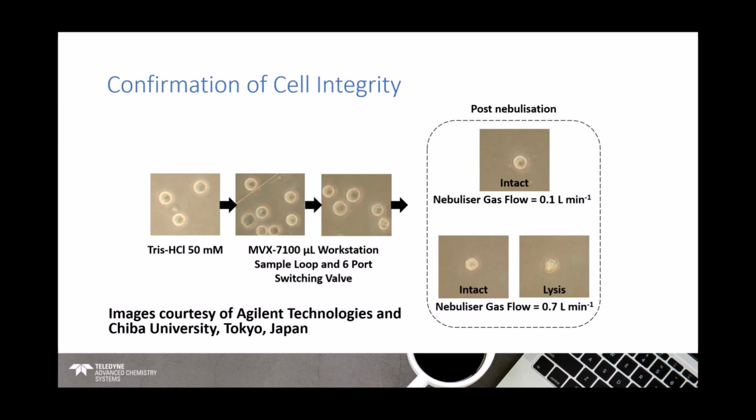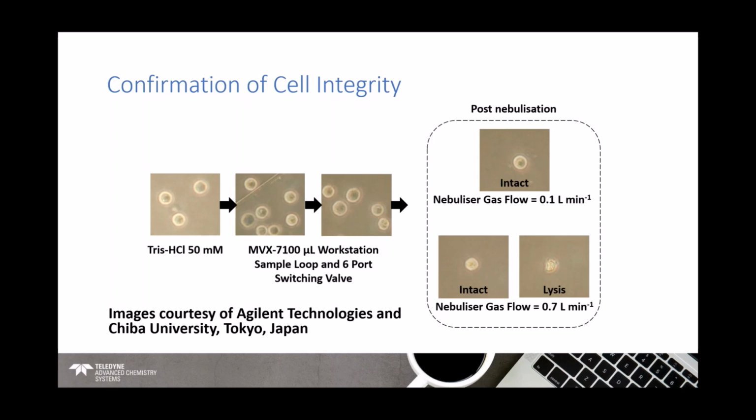You'll see that the cells remain intact as they go into the ICP-MS. But if the conditions are incorrect, say the nebulization gas flow is too high, say you ramp it up to 0.7 liters per minute, you'll see that some of the cells remain intact, but some of the other cells will split and lyse. That's what you'll see on the bottom right-hand side, an image of a lysed cell.